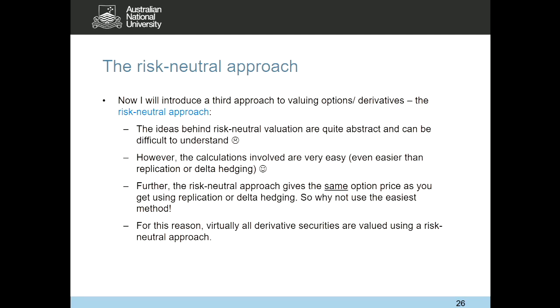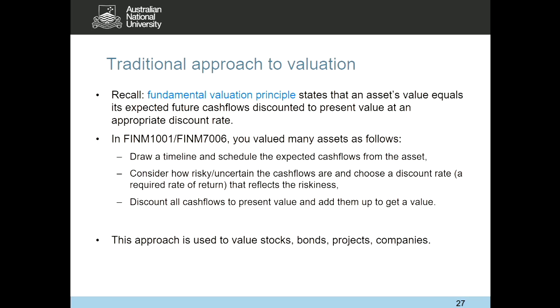So let me demonstrate how the traditional approach works, and then I'm going to convince you that nobody wants to use the traditional approach because it's time-consuming, it's tedious, and we have a much simpler approach called risk-neutral. We can get the same answer. All right, so remember how the traditional approach works? In the foundations of finance, first of all, you will draw a timeline.